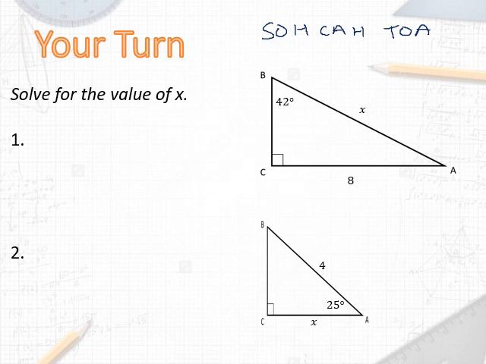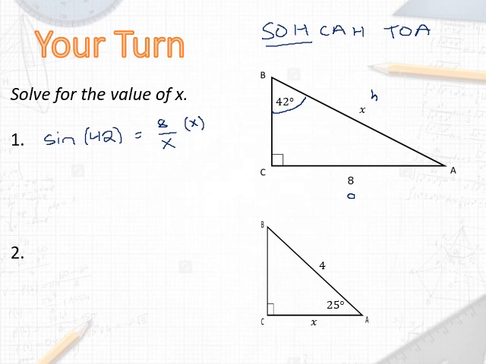Okay, so first one, angle is up here, which means that 8 is the opposite, x is the hypotenuse. So O and H go with sine. So sine of 42 is equal to 8 over x. So in this one, the x is underneath the fraction.